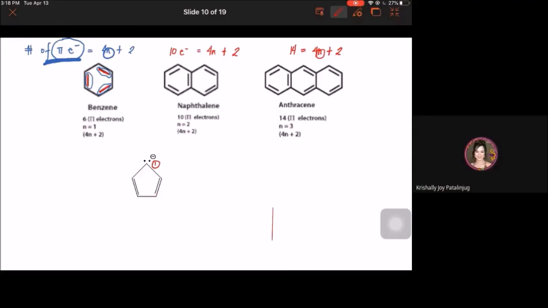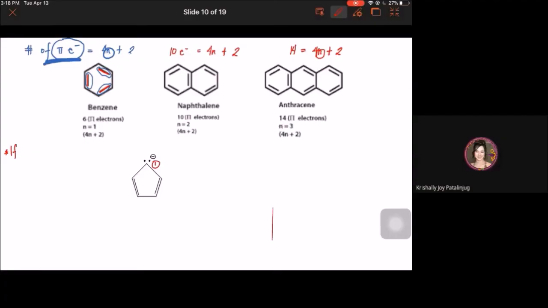Okay. So how do we consider if the lone pair is part of the pi electrons? If that lone pair resides in the p orbital. So take note, whenever you see a lone pair, look immediately at that atom.